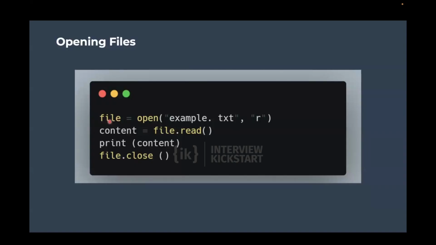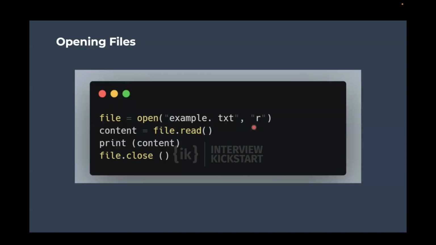In this case, we name it file, and you can read the content using the .read, and you can then print that content. And then after you're finished with that, you need to close it to make sure there is no accidental overwriting or any data leakage later. So it's always recommended to close the file after you open it.